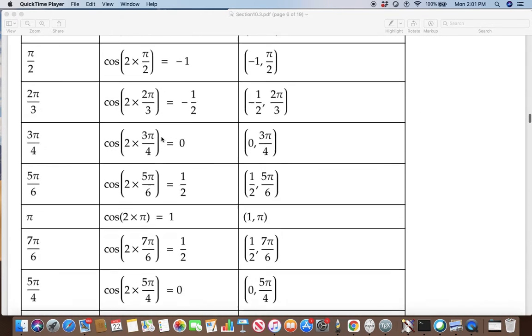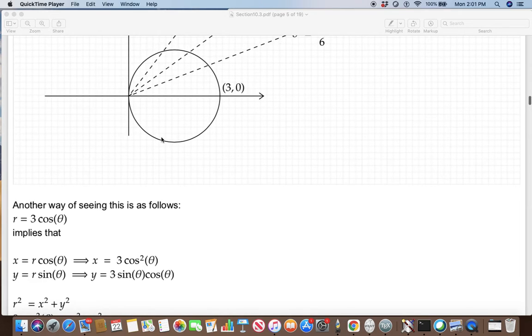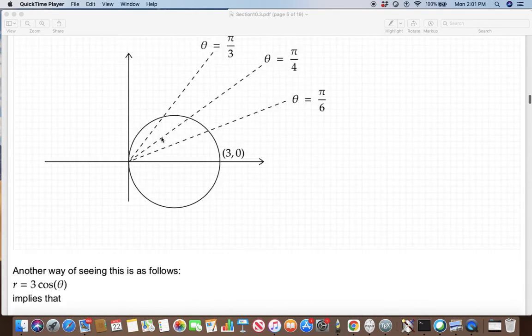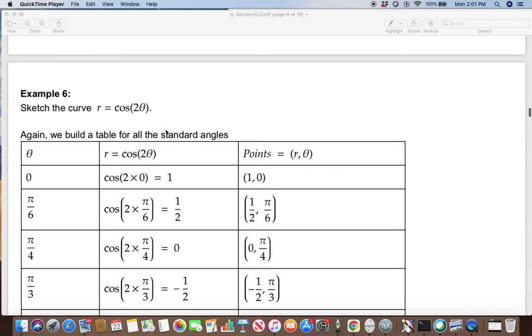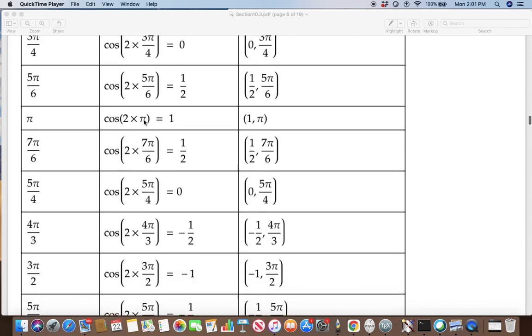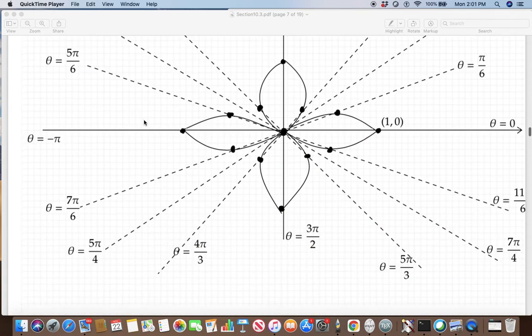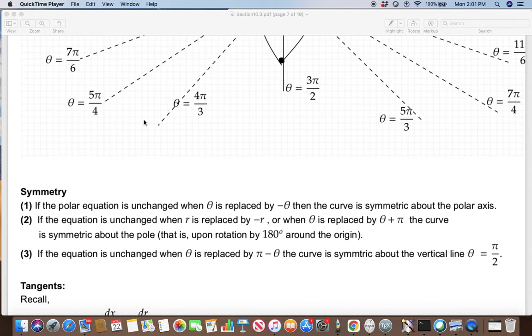There are no examples here so far, but if in your equation r is replaced by negative r or theta is replaced by theta plus pi, what does that mean? By rotation of 180 degrees, you would get the same picture. All right. If the equation is unchanged when theta is replaced by pi minus theta, then the curve is symmetric about the vertical line.